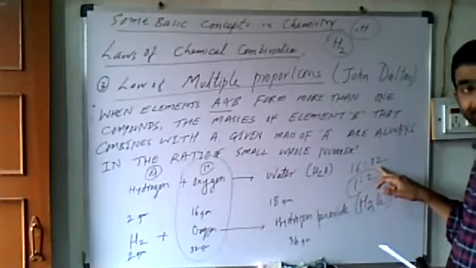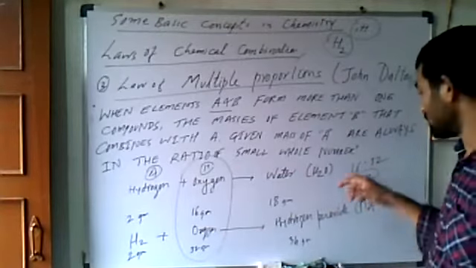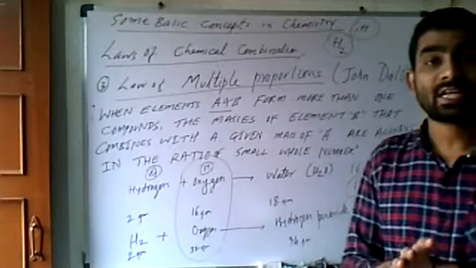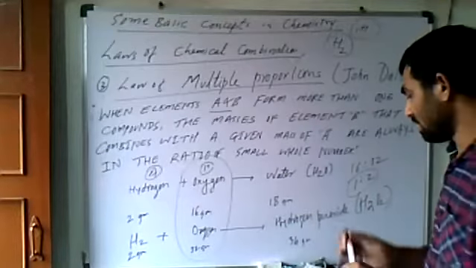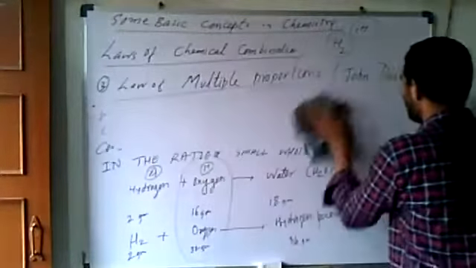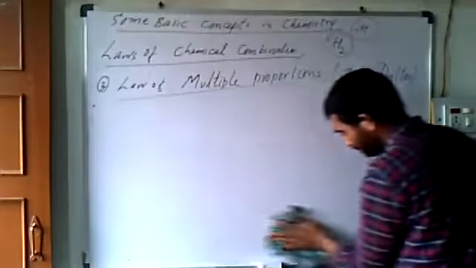If you divide this by a small number, 16, it is 1 is to 2. And here this rule is explained with the example. But we will take one more example to have a clear-cut idea on the concept of John Dalton's idea.